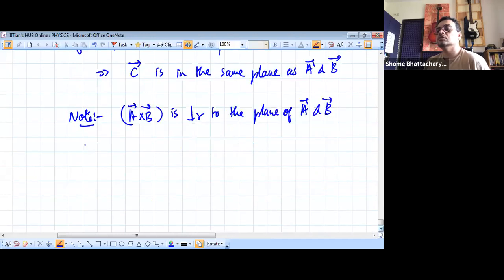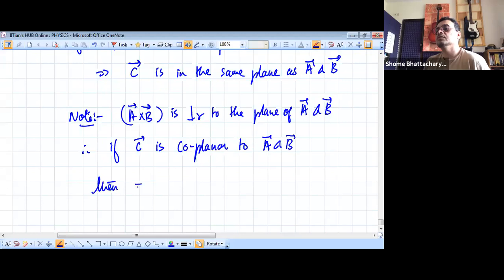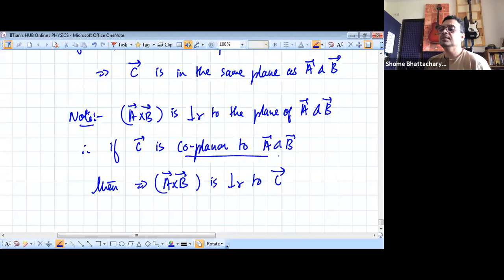Therefore, if C is coplanar to A and B, then it will imply that A cross B is perpendicular to C also. Okay. If C is lying in the same plane as A and B, if it is coplanar, then definitely A cross B will be perpendicular to this.